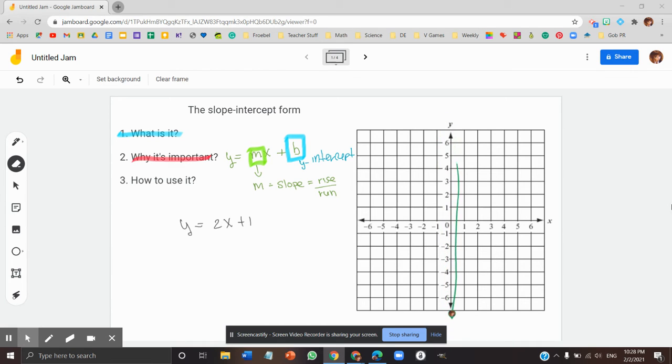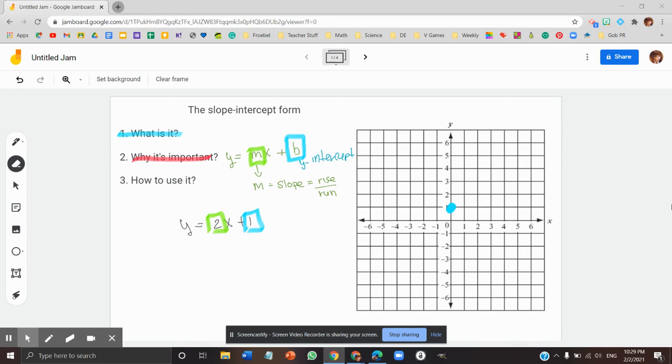So if my y-intercept is positive 1, then my first point should be around here on positive 1, touching my y-axis. So that was the first information that I took from that linear equation. The other information that I can find is my slope. It is right there. It says that it is 2.